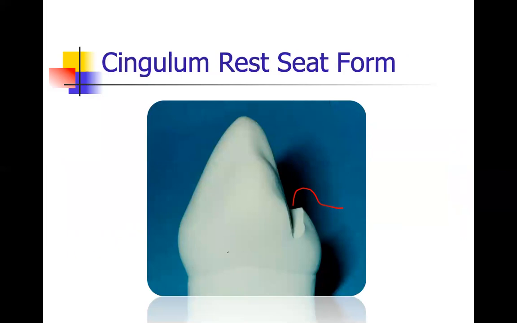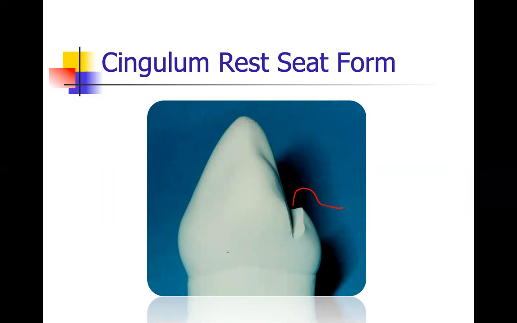The preparation may be started by using an inverted cone-shaped diamond stone and progressing to a smaller tapered stone to complete the preparation. Depth should be around 1 millimeter.